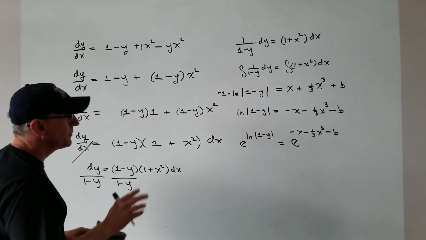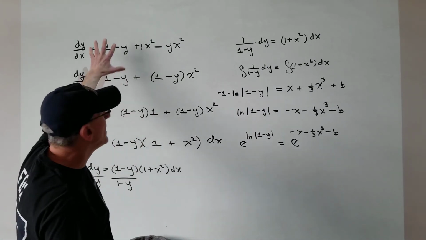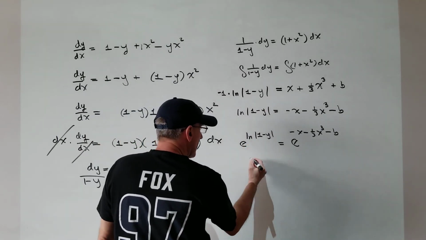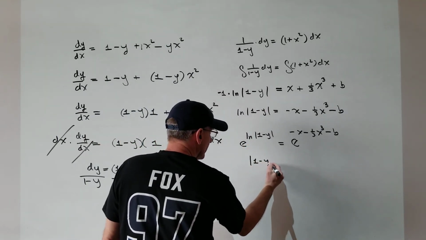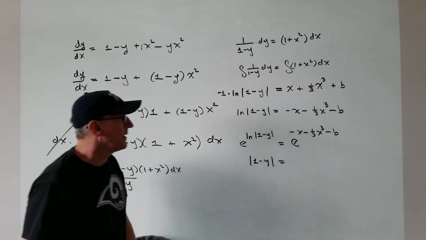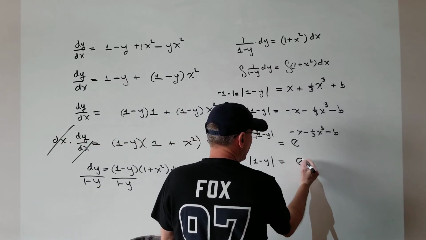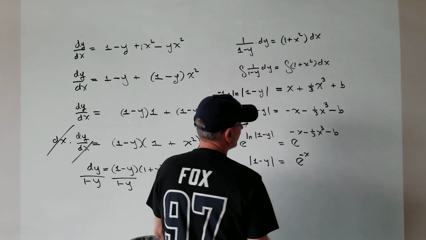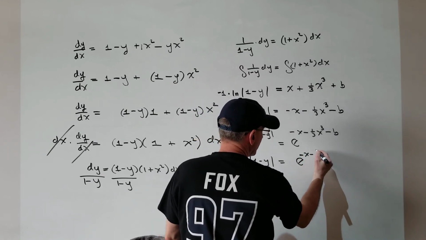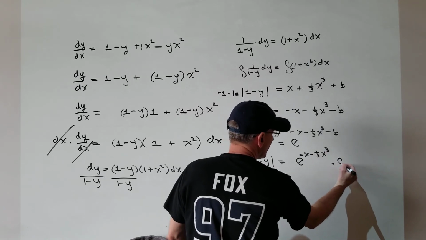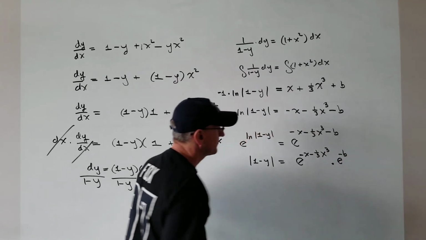And I'm running out of space to show you what comes next, so I may have to go back to the top over here next. But right here, you have absolute value of 1 minus y, clearly, right? And then on this side, I'm going to write this as e to the negative x minus 1/3 x cubed times e to the negative b.